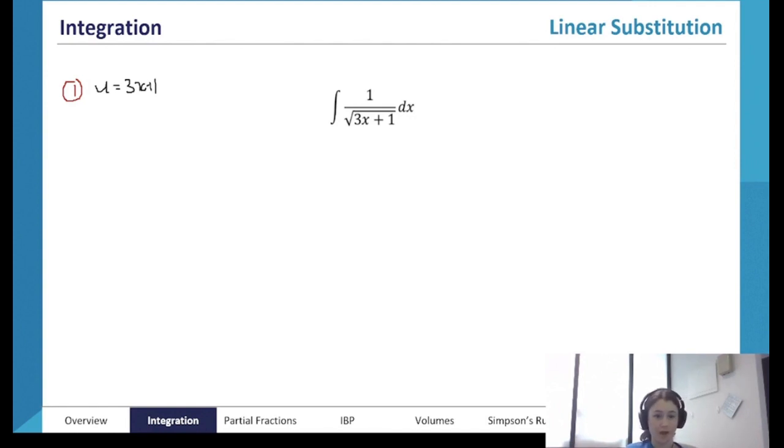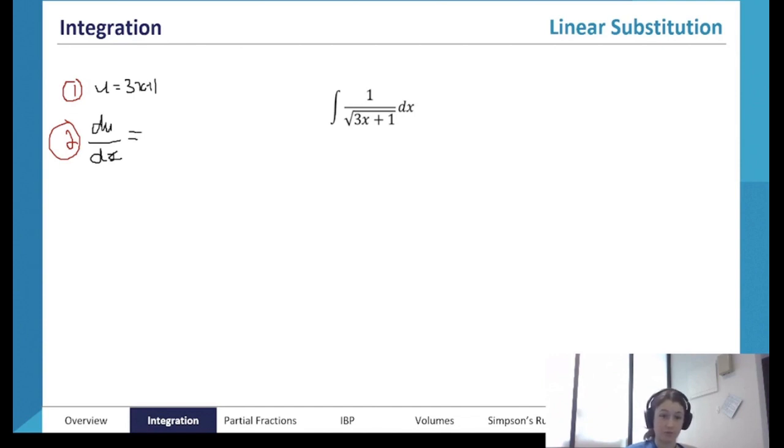Okay, our second step is to find the derivative of u with respect to x, and by that I mean find du dx. You could write this as just u dash, but I wouldn't recommend it because we're going to be manipulating these du dx's as we have in the instructions.